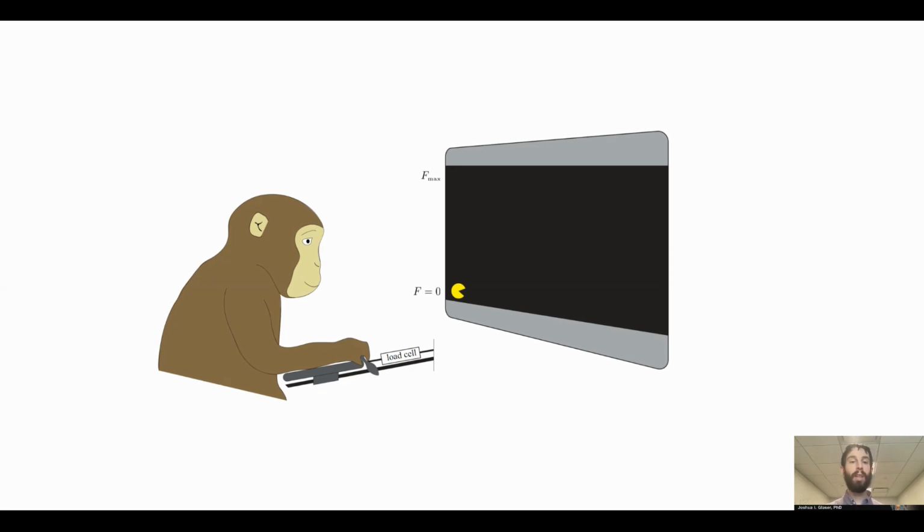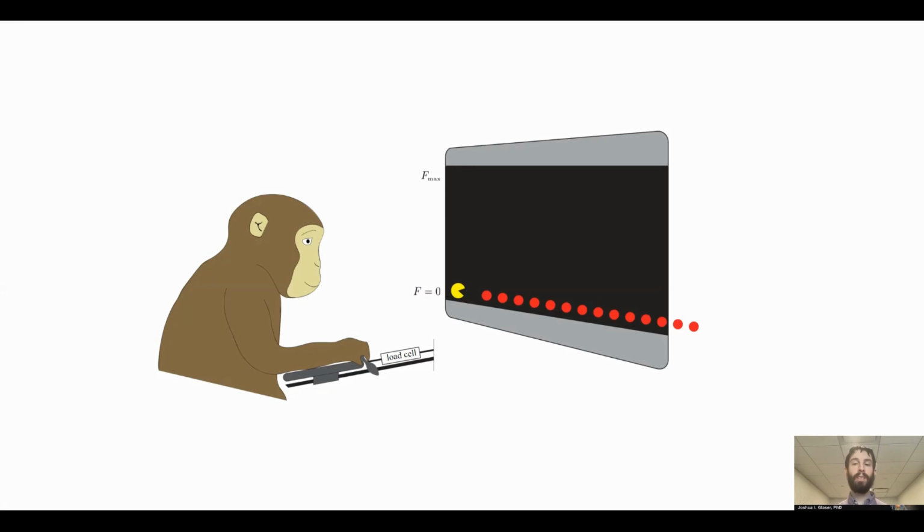So this monkey will control the height of Pac-Man on the screen. When the monkey pushes against this load cell, Pac-Man will rise, going along with the force, and when the monkey produces less force, Pac-Man will fall. So Pac-Man's height is directly related to the force that the monkey is producing.